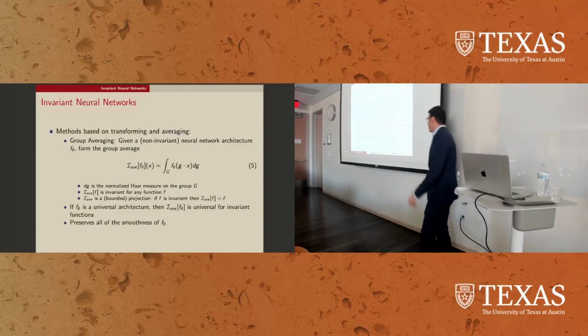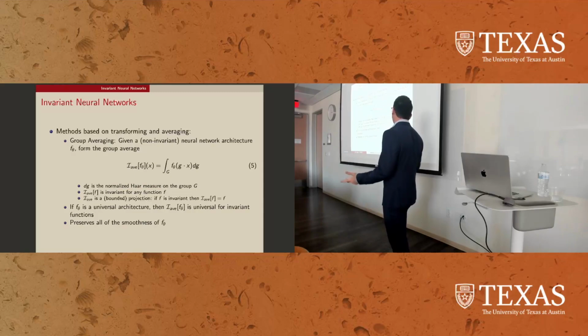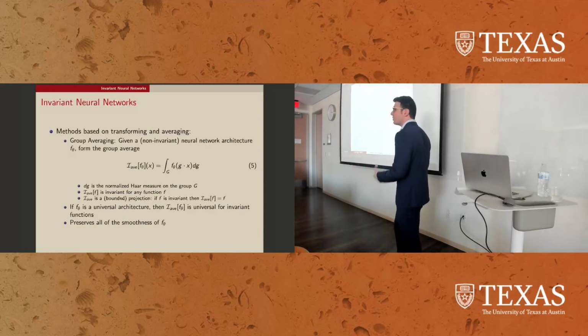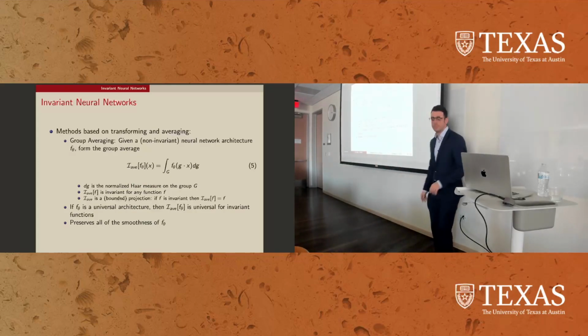And an additional interesting thing about this approach is it preserves all the smoothness properties of f theta. So if f theta is k times differentiable, then this average function is also k times differentiable. If it's continuous, the average function is also continuous, right? Or continuity or differentiability, I mean, in terms of the R d by n vector space.